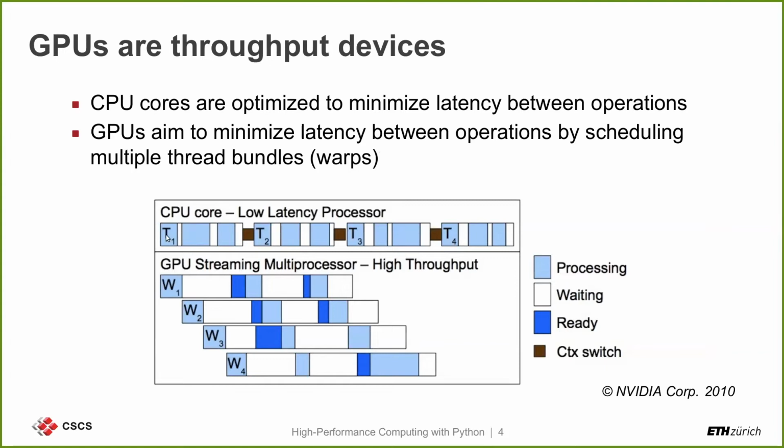We have a thread which does some processing, it waits, it does a context switch, and then a next thread runs, and another processing takes place, some waiting, another context switch. While in the GPU, you see all the different warps that are scheduled for execution at the streaming multiprocessor, which results in the high throughput. And this is how the GPU hides and tolerates latency compared to the CPU.